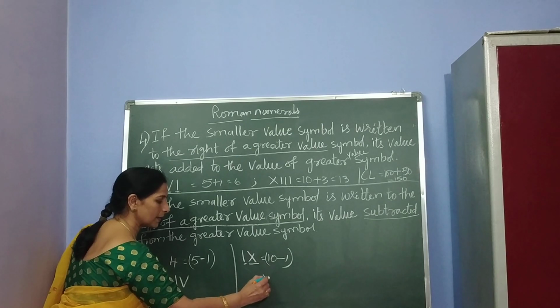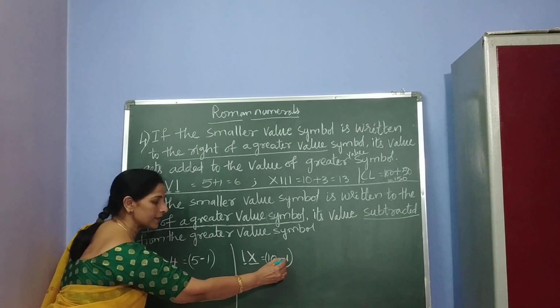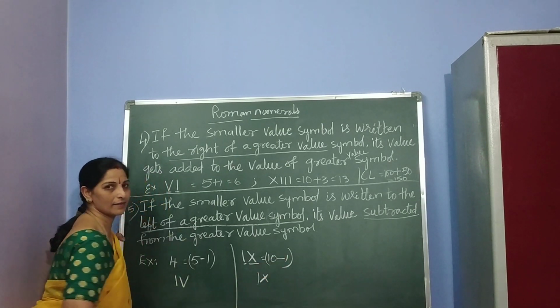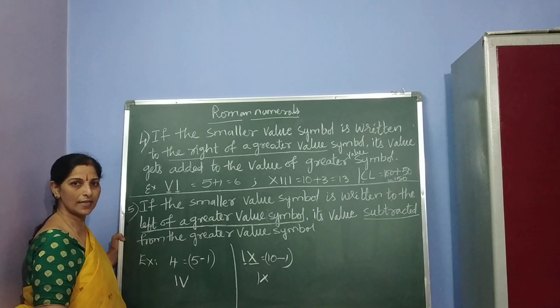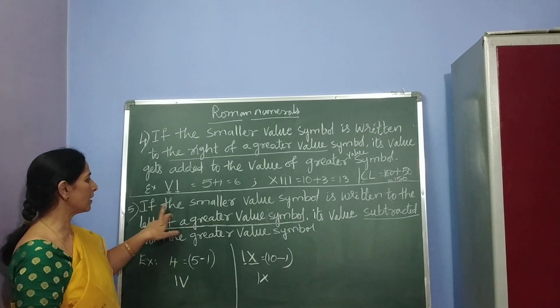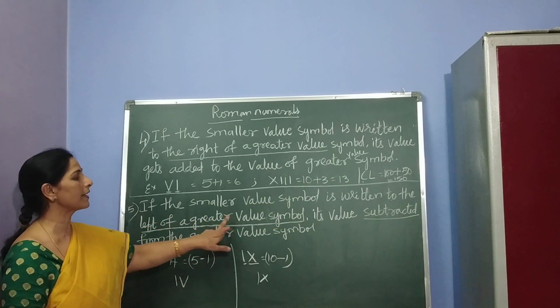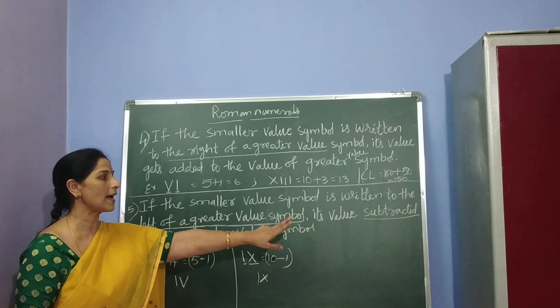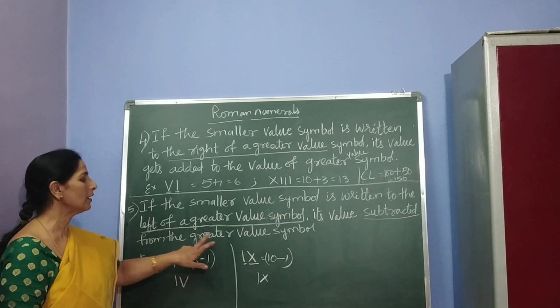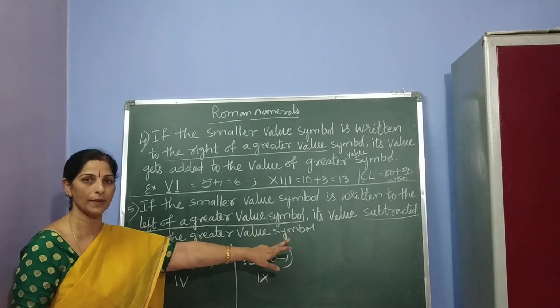So 10 minus 1, it should be written to the left. IX, 9. Do you understand, children? If the smaller value symbol is written to the left of a greater value symbol, its value is subtracted from the greater value symbol.